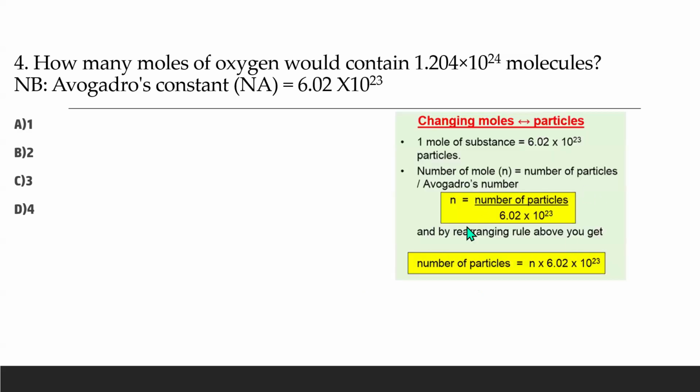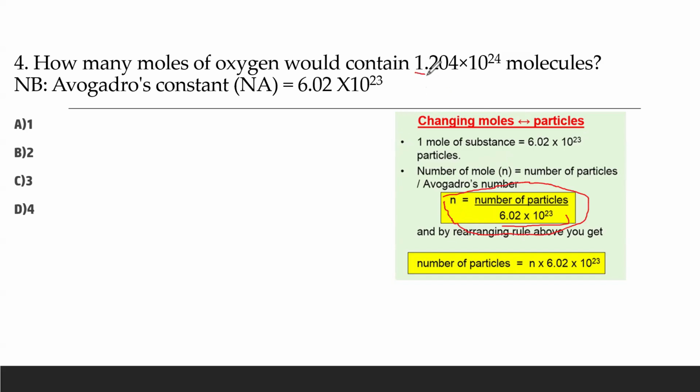So remember, when you want to calculate the number of moles, you can use this formula, which says the number of particles, or the number of molecules, divided by the Avogadro's number, and the Avogadro's number is 6.02 times 10 raised to the power of 23. So therefore, with this formula, you can do this calculation. And how are you going to do it?